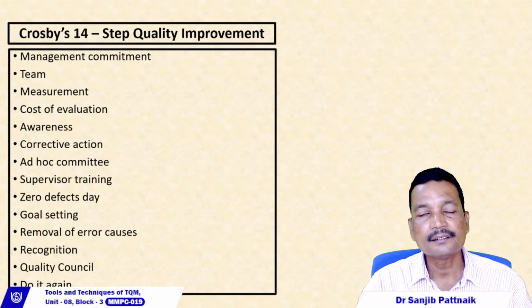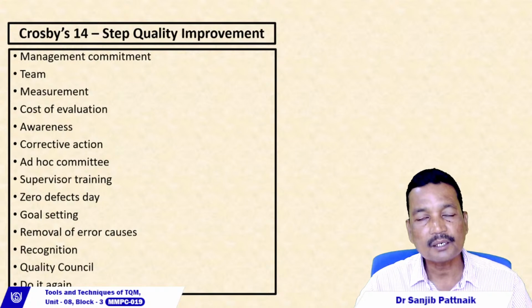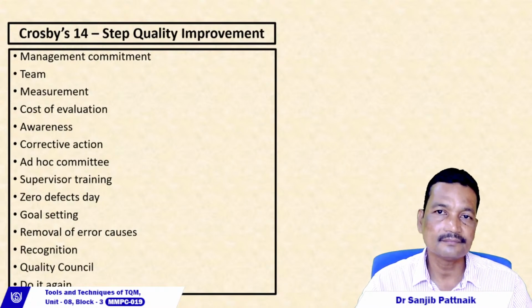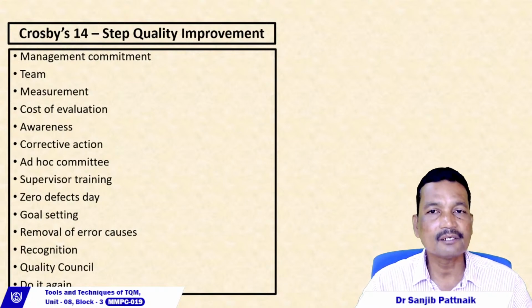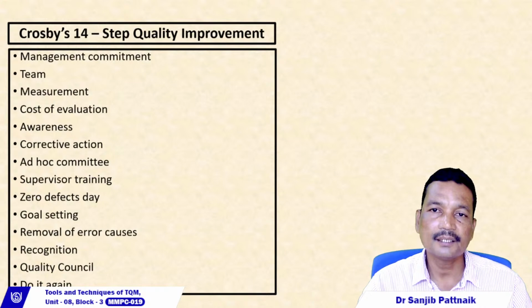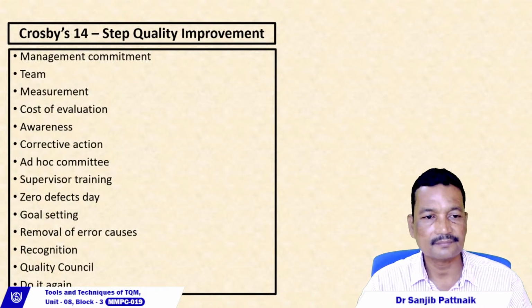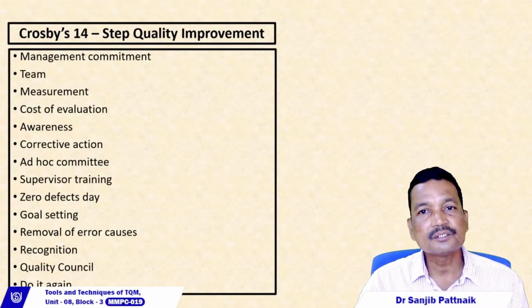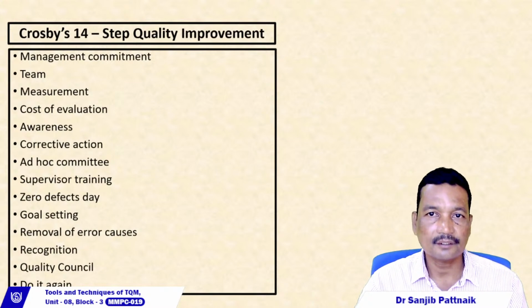Try to maintain at least a day for zero defects, so that there will be more awareness among the employees, and it will create a sense of quality in the employees of the organization. We should set our targets, the goals for quality.